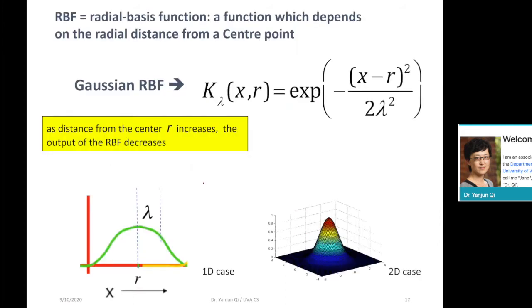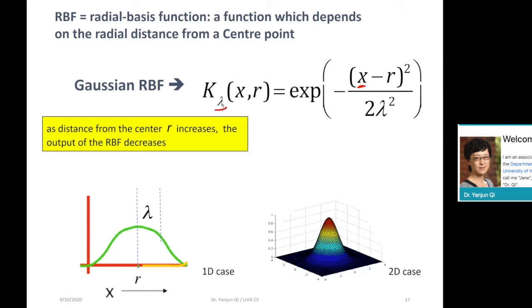Okay, so what is the radial-basis function? The most used one is the Gaussian RBF. It has this specific function form. You take an exponential, and inside, your parameter is x, and there are two hyperparameters here.